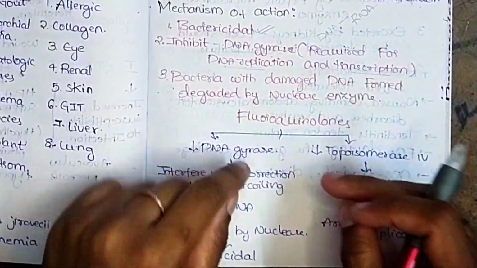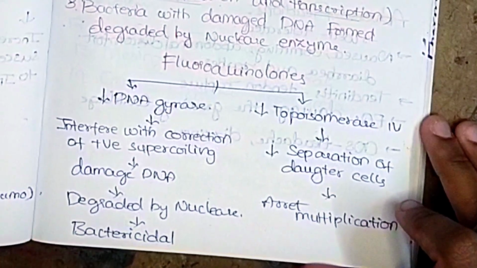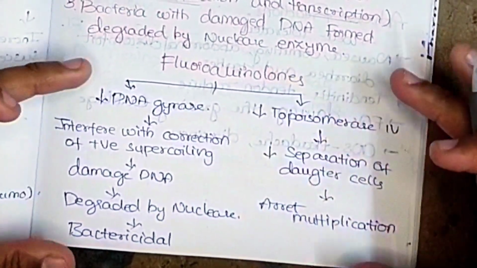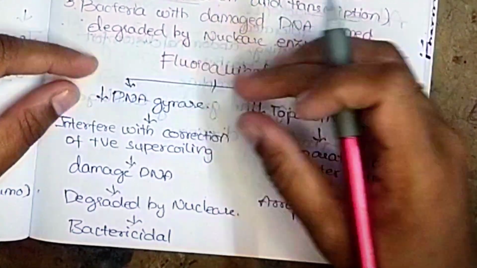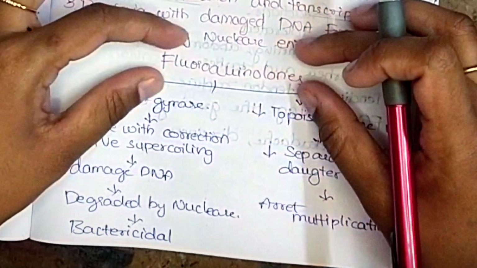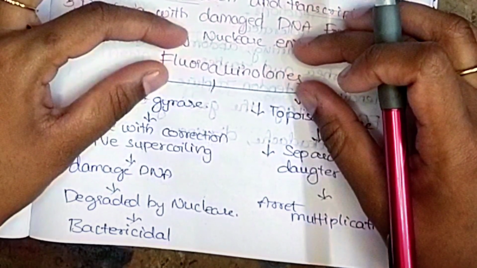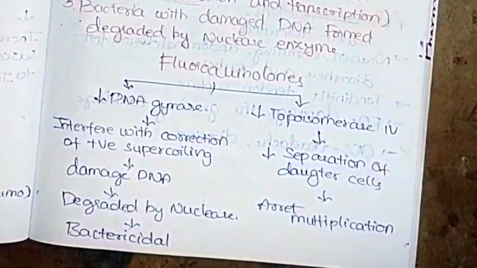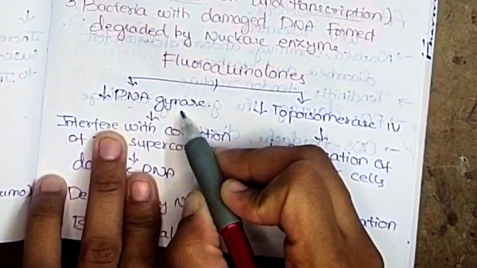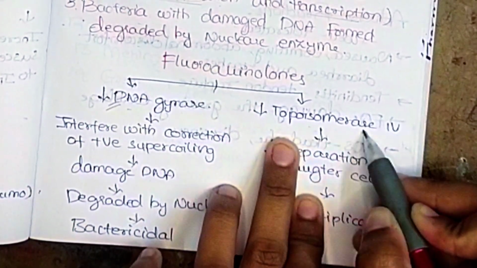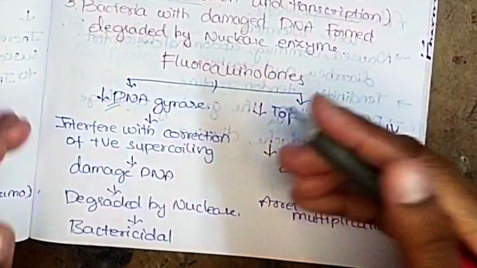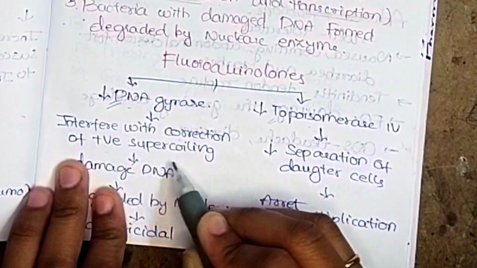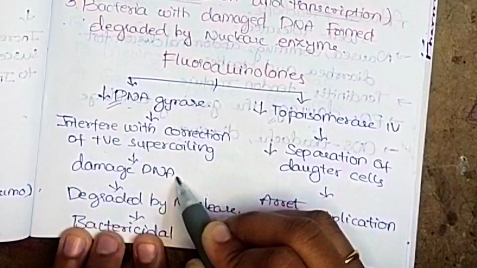Here you can see the detailed explanation. Fluoroquinolones have two actions, on DNA gyrase and topoisomerase 4. When fluoroquinolones are administered to the patient, while DNA replication is going on, the DNA gyrase activity decreases and the topoisomerase activity also decreases. Now let's look at DNA gyrase. When its activity decreases, it interferes with the correction of supercoiling of DNA, which leads to damage of the DNA.